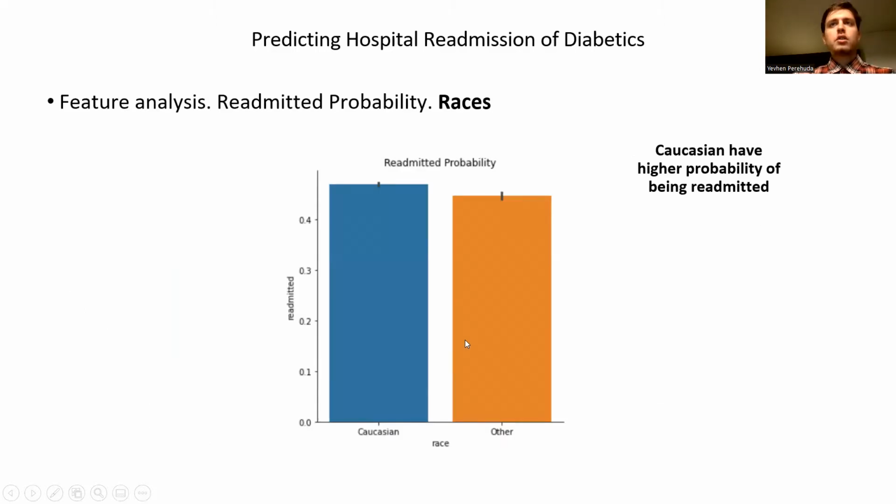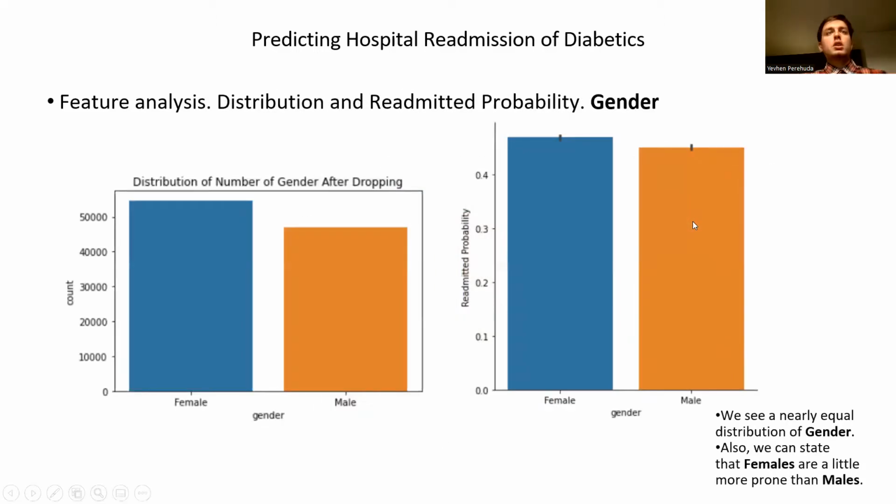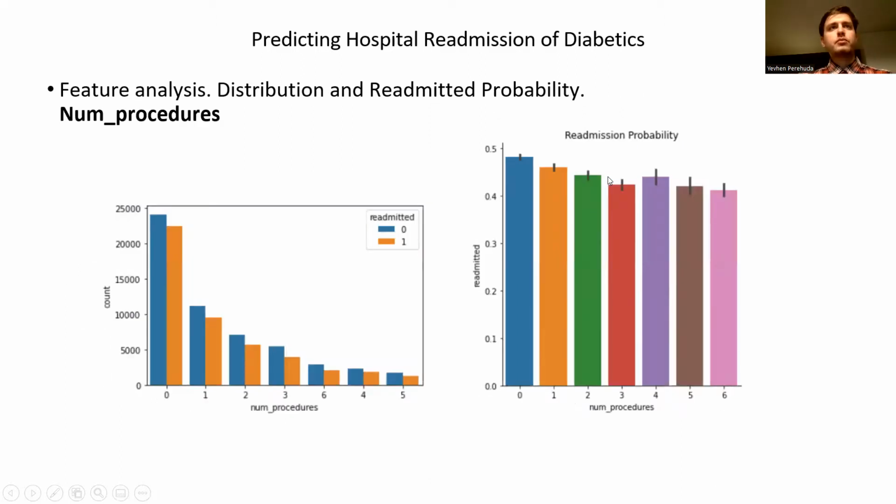Also, we see that Caucasians have a higher probability of being readmitted. Next feature is gender. Here we see that there is nearly equal distribution of genders, and we can state that females are a little more prone than males.